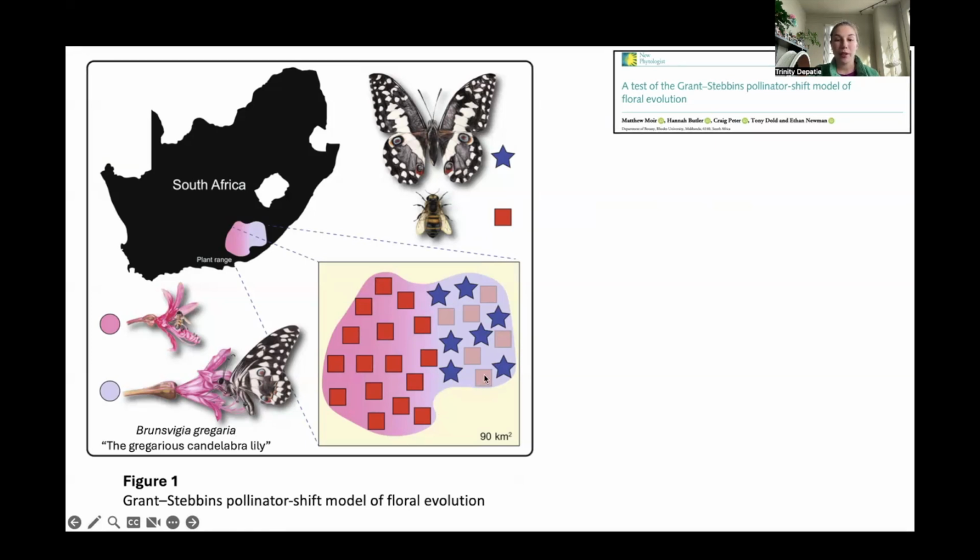And one thing that they're showing us here with these squares that are shaded out is that even though honeybees are present across the entire range, they are not as efficient pollinators when it comes to the long-styled plants. In the long-styled populations, the butterflies are the more efficient pollinator, therefore leading to a higher fitness. Okay, so that's figure 1 within this paper.